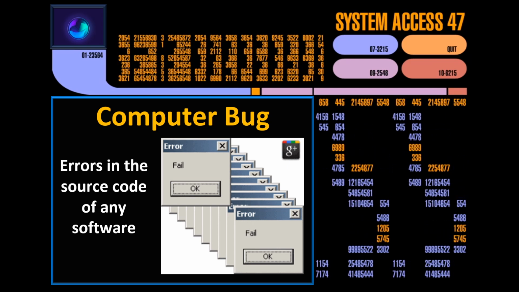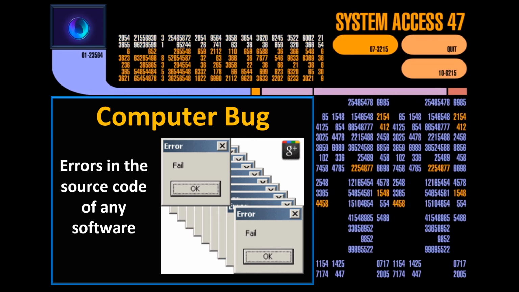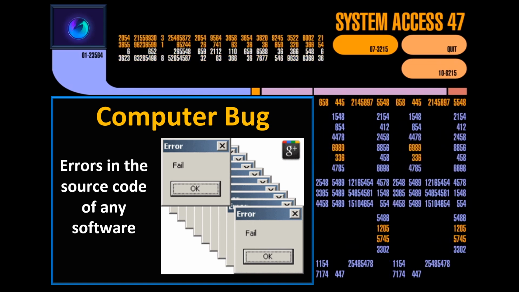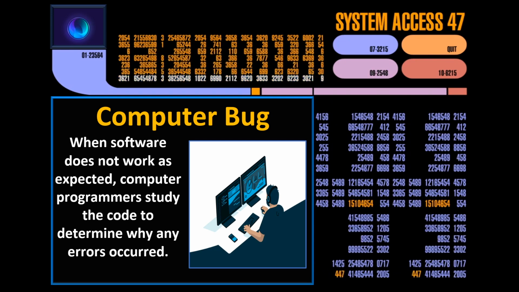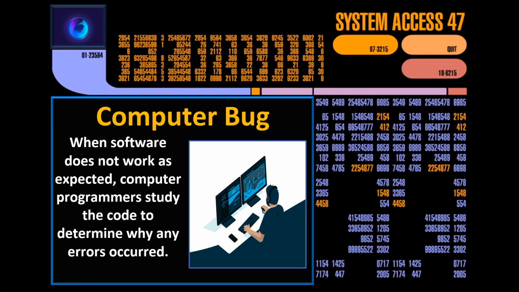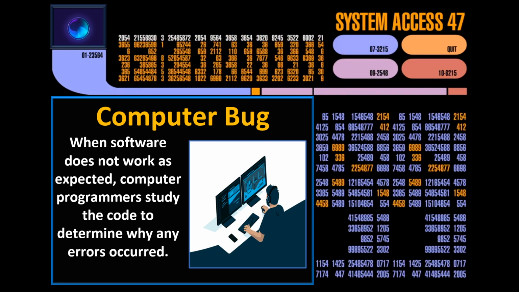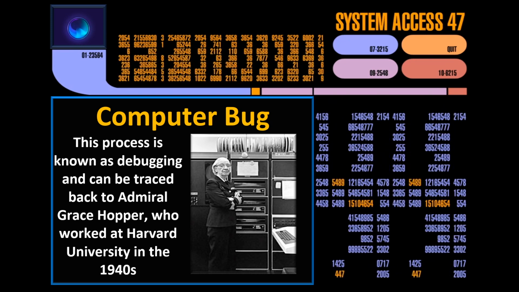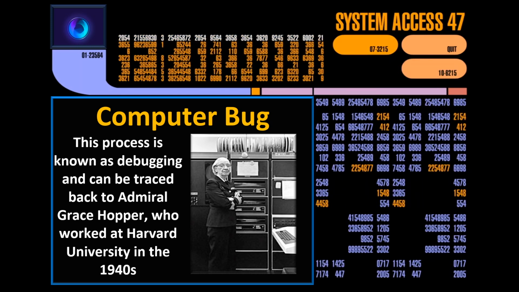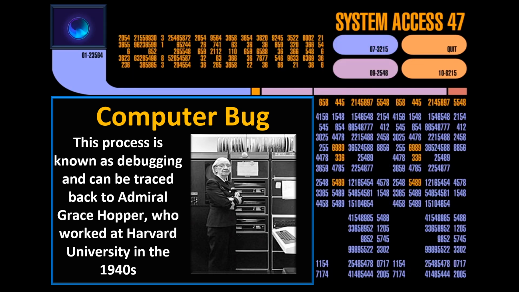In computer terminology, a bug is the term used to refer to errors in the source code of any software. When software does not work as expected, computer programmers study the code to determine why any errors occurred. This process is known as debugging and can be traced back to Admiral Grace Hopper, who worked at Harvard University in the 1940s.